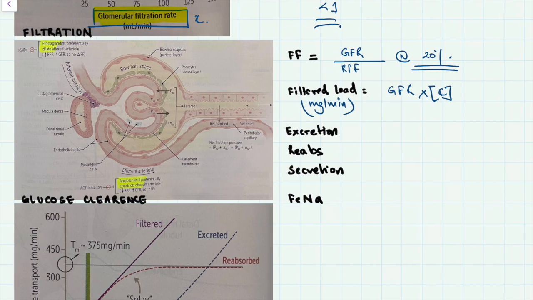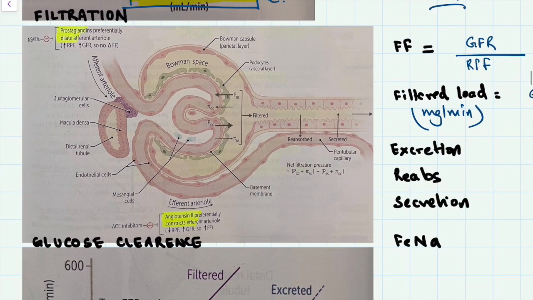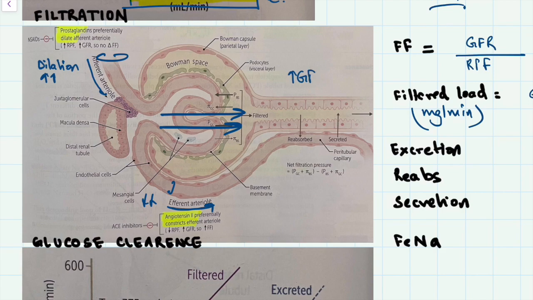Now what happens is that we already saw that the afferent arteriole and efferent arteriole are responsible for the pushing forward or the filtration of the substances through the glomerulus. So, if you see that the dilation of afferent arteriole, right, and the constriction of efferent arteriole leads to increase in GFR.